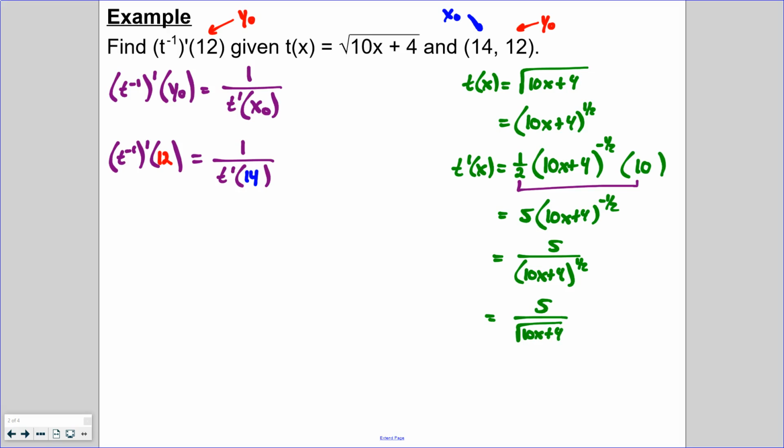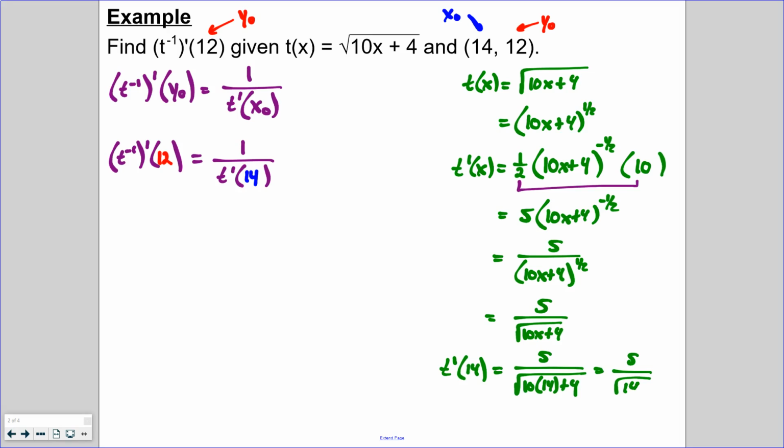In this form, it'll be much easier to plug in x equals 14. So t prime of 14 is 5 over the square root of 10 times 14 plus 4, which is 5 over the square root of 144.